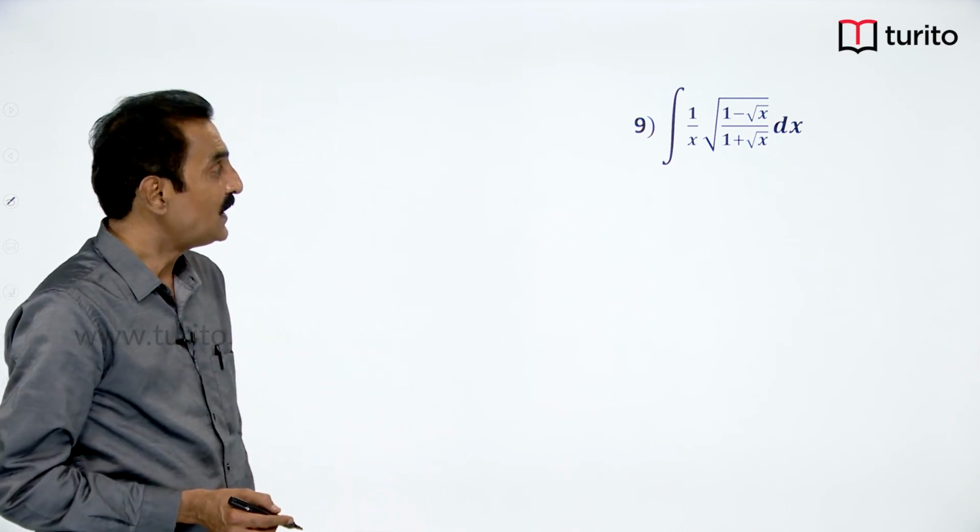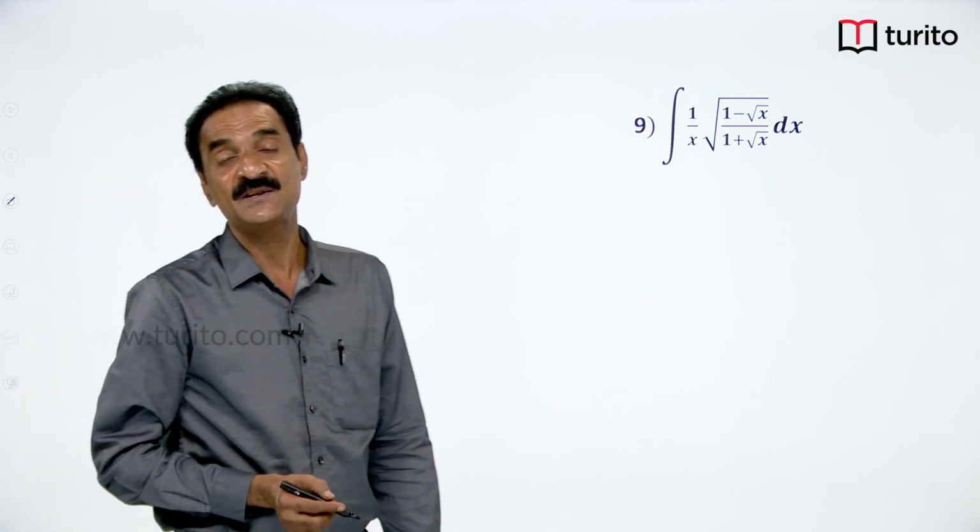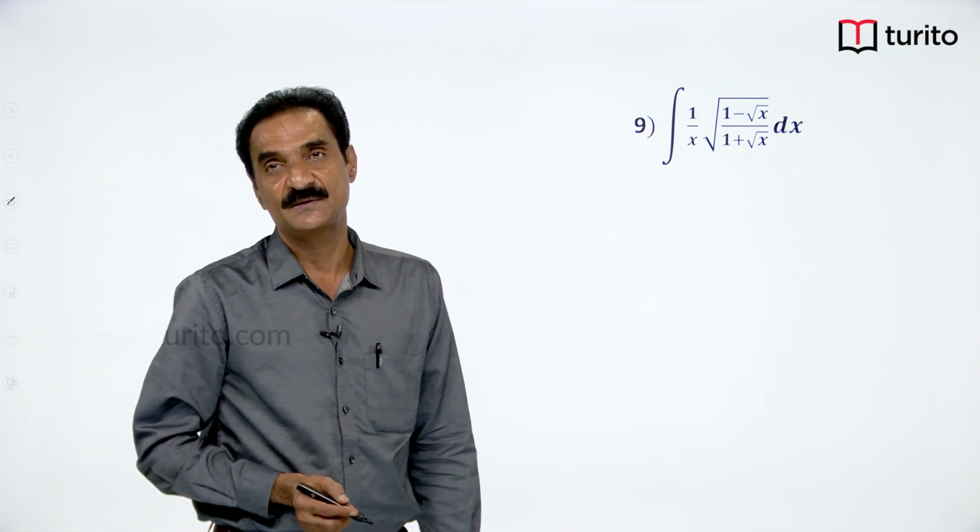Integral 1 by x into root over 1 minus root x by 1 plus root x. What to do?